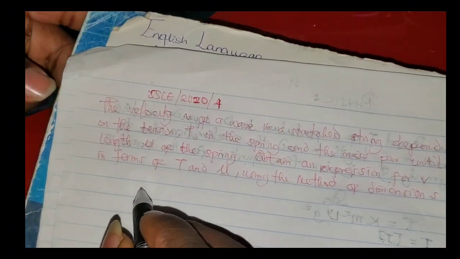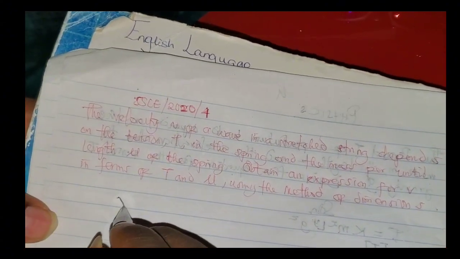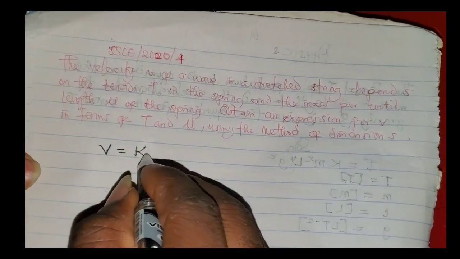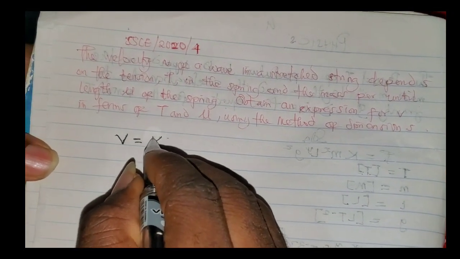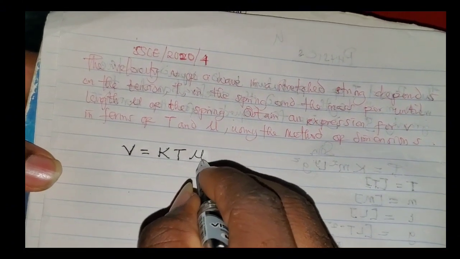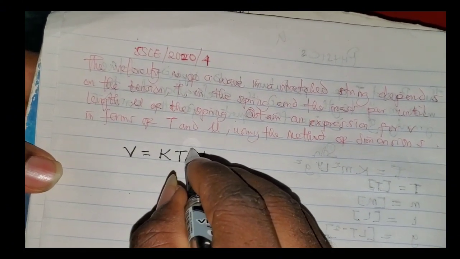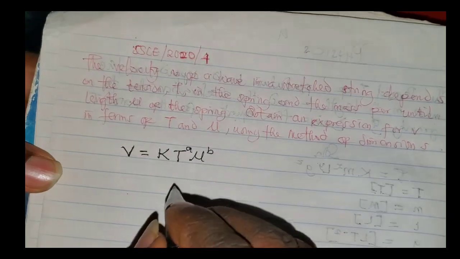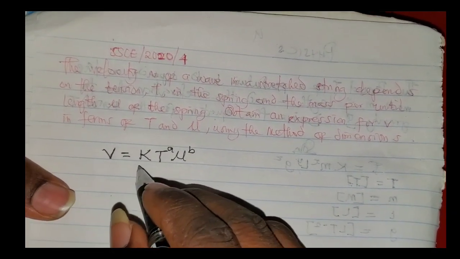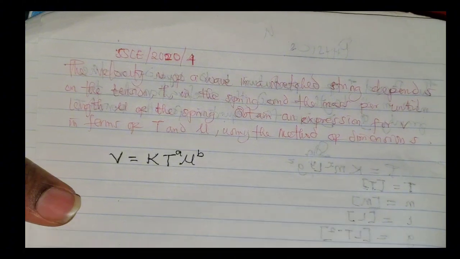So what we have to do is write v equals K T^a mu^b, since it depends on a constant, T and mu. Let's use a and b as the indices for the two quantities.